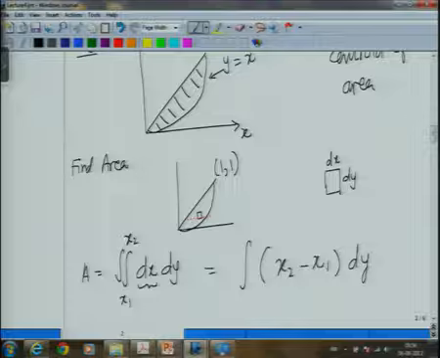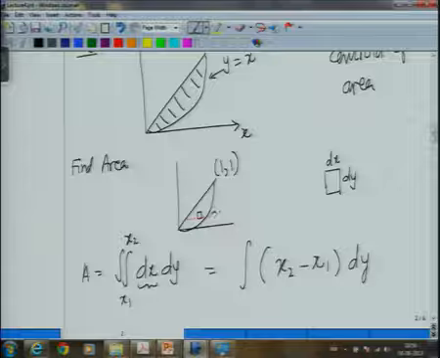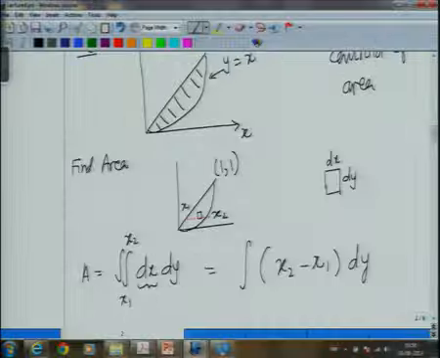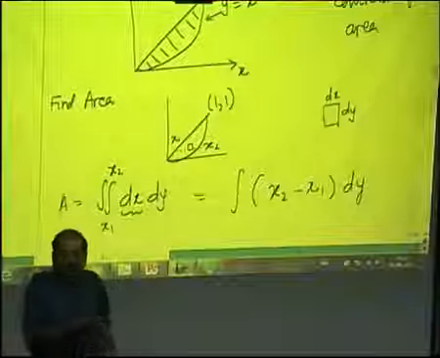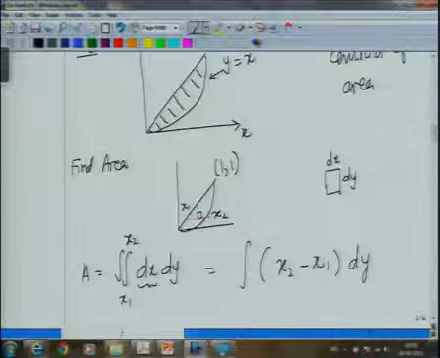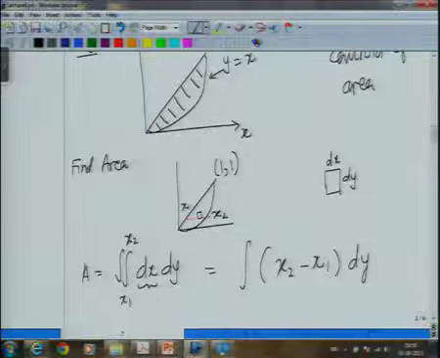Because I am integrating along x, the right point here is x2 and the left point is x1, and x2 and x1 will be functions of y.